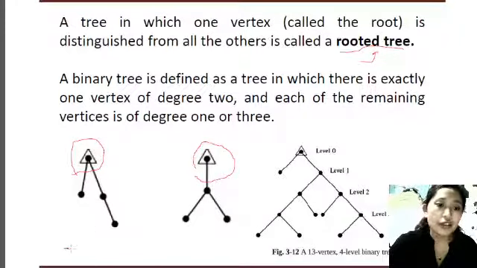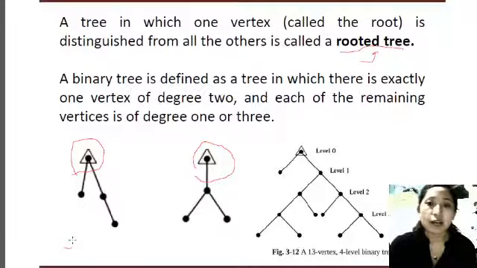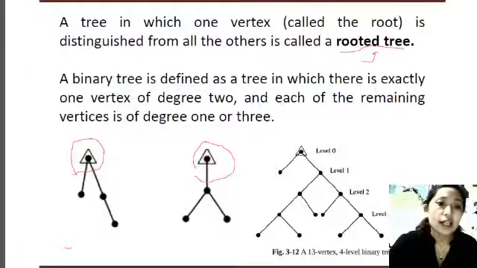This type of tree wherein we give some special preference to one of the vertices is called a rooted tree. We have another type of tree called a binary tree, which is one special type of rooted tree. In this binary tree, there will be exactly one vertex with degree 2, and all other vertices will have degree either 1 or 3.